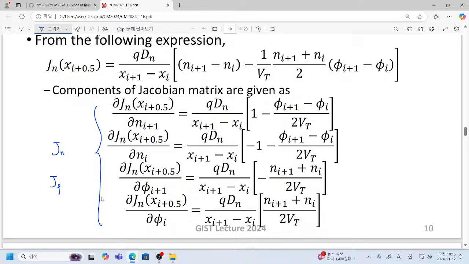Also, since J sub n and J sub p have slightly different sign conventions, please do not make the wrong sign in your Jacobian matrix. Only one single sign mistake can introduce severe degradation in your convergence behavior. So it's a little bit tricky, so please try to do that.